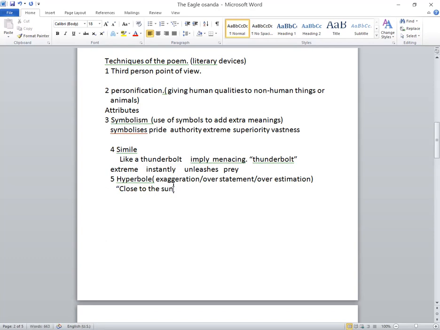This is the hyperbole. The poet overestimates the eagle's small power. How? By keeping it in close company, close association with the sun. Yes, write down.